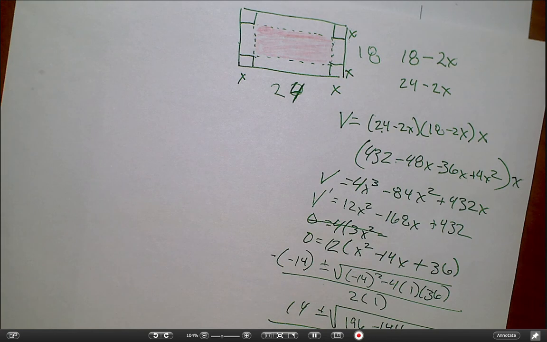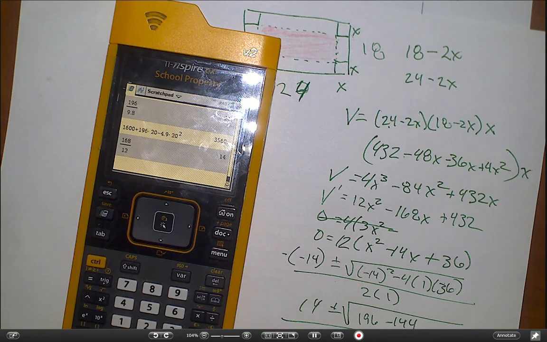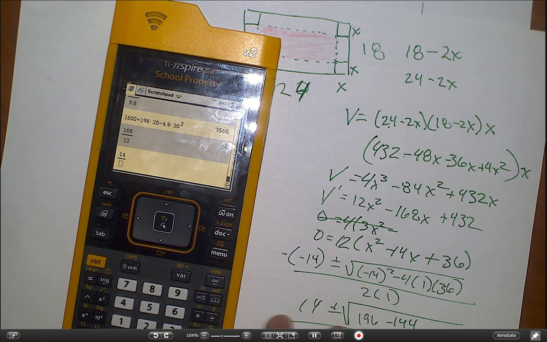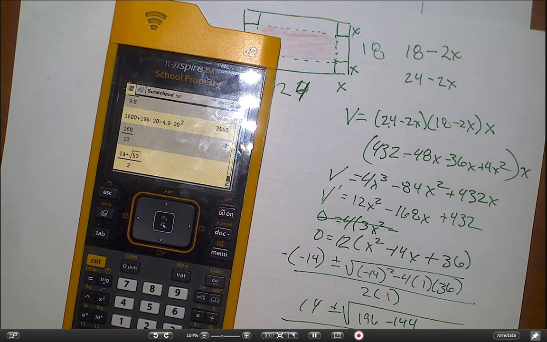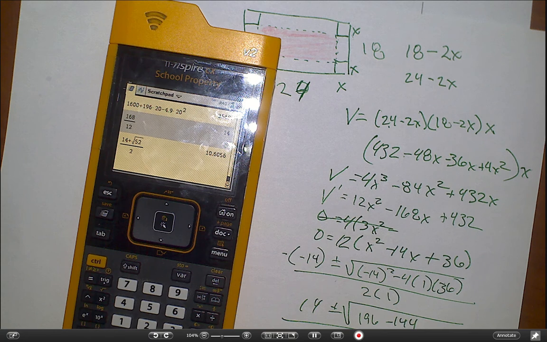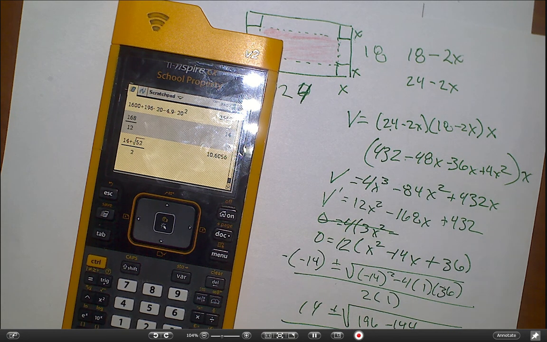All right, you guys got the calculator? If you don't have it, grab it, please. I was trying so hard to avoid the calculator. All right, so plus or minus, let's start with the plus: 14 plus the square root of 52, over 2. So I get a value of x equals 10.606.